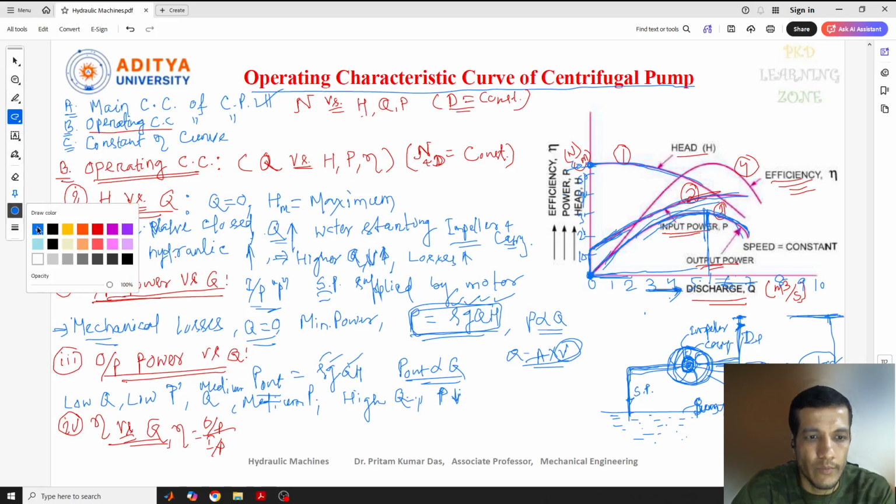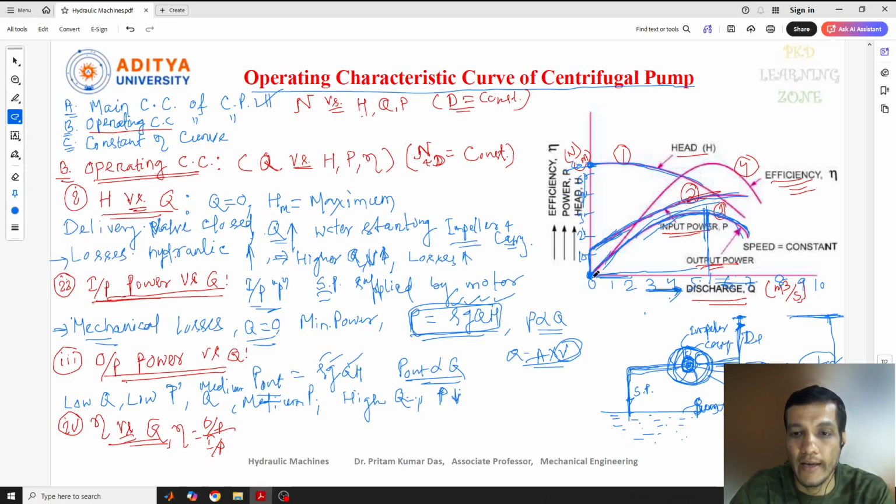Both are increasing, but only up to a certain level. In the efficiency curve also, it is the same. Up to a maximum point it is increasing. Discharge increasing, efficiency also increasing. At this point it is maximum. After that it starts decreasing, declining.